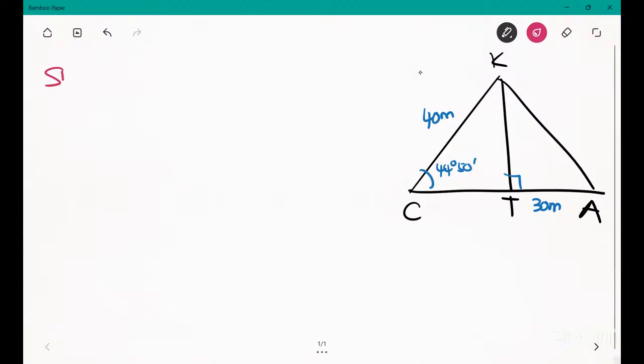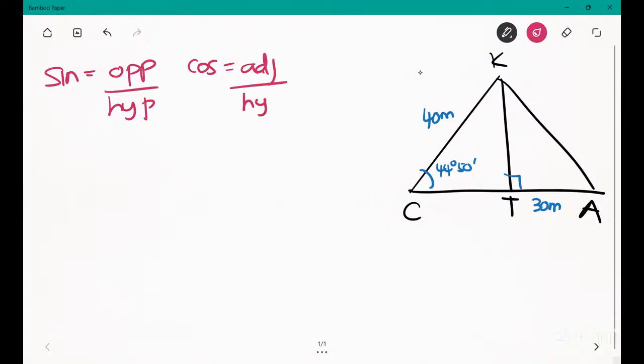Sine is equal to opposite over hypotenuse. Cos is equal to adjacent over hypotenuse, and tan is equal to opposite over adjacent.